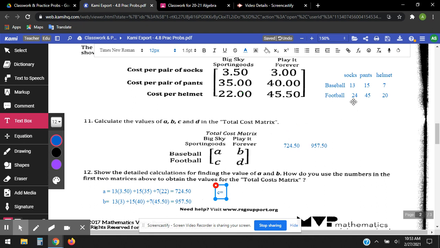Okay, so C, I need to take 24 times 350 plus 45 times 35 plus 20 times 22. And I end up with 2099 on that one.